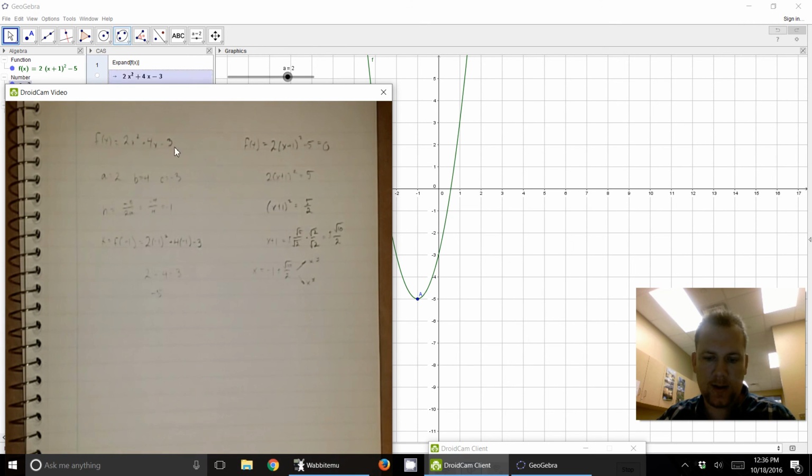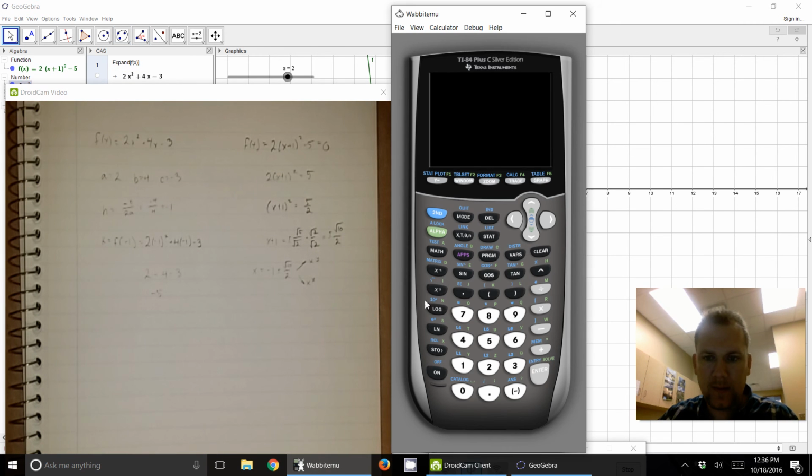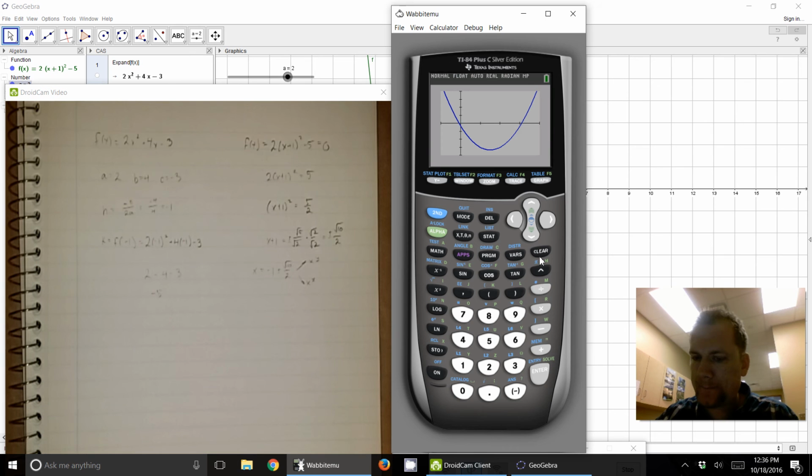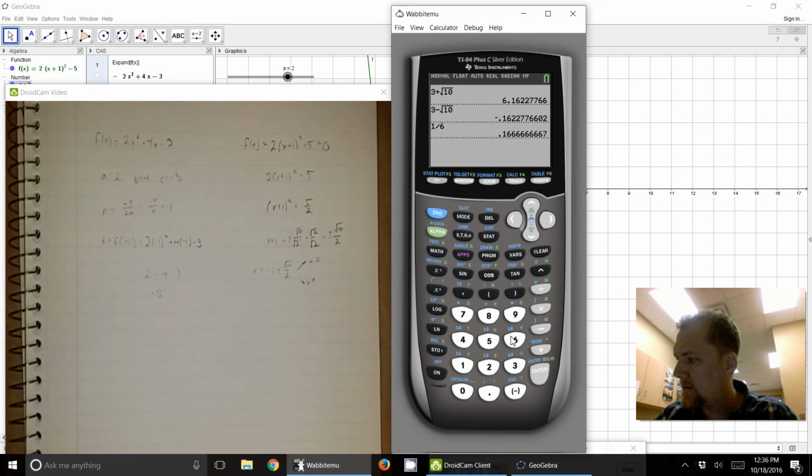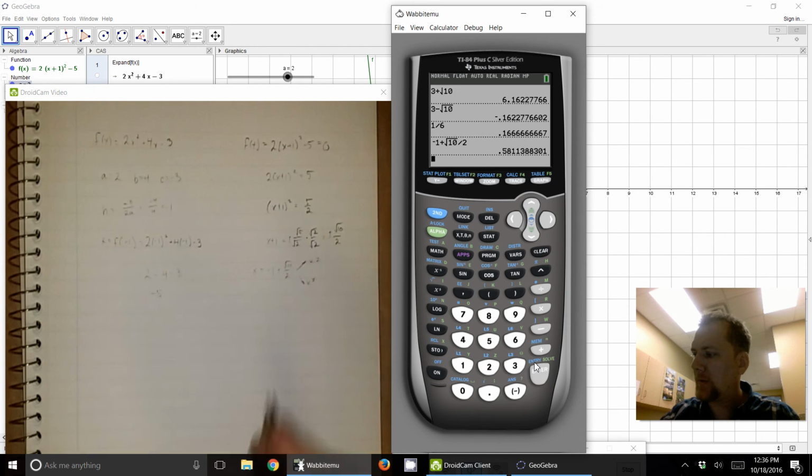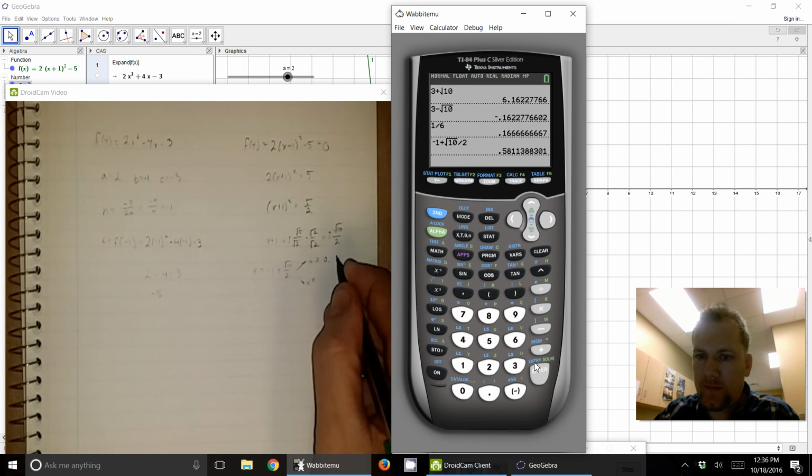We just use the calculator to do that. Okay, so quit this whole thing. So negative 1 plus root 10 over 2, I'm getting 0.58.